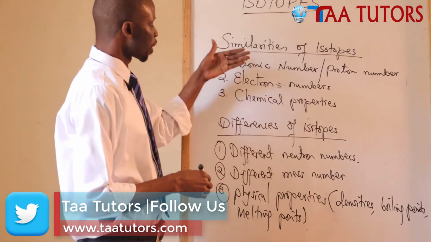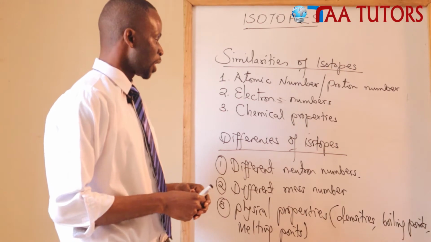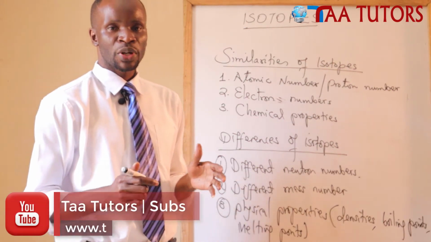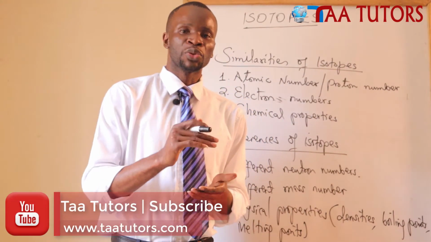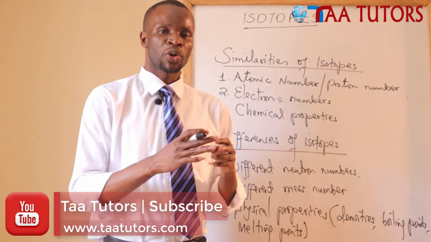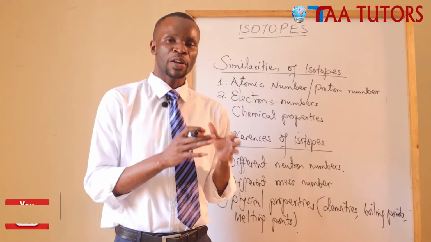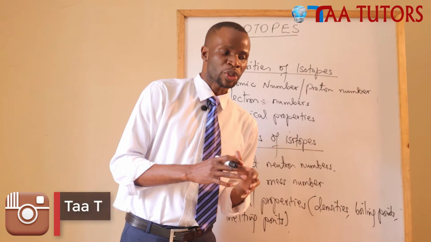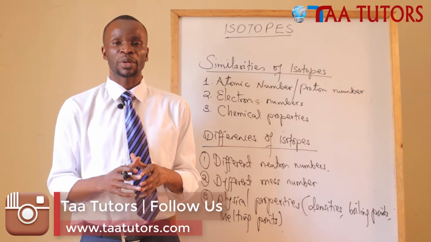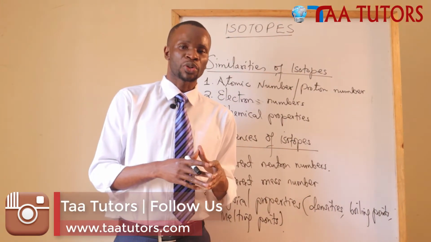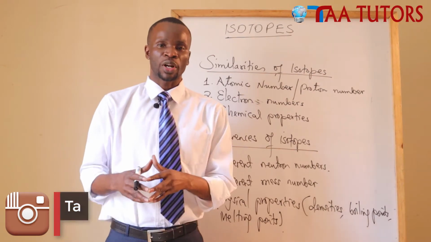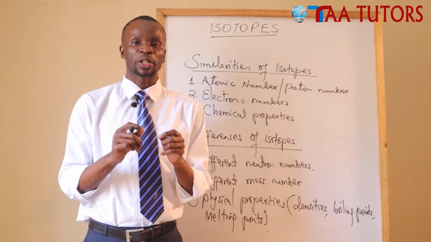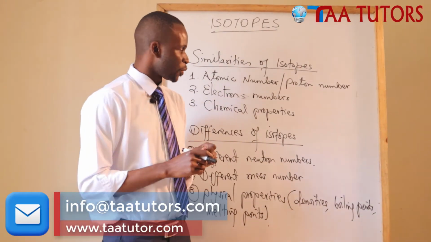So viewer, these are the things we have discussed today. At the beginning of the lesson, I tried to explain using the atoms of carbon what we mean by isotopes, and then we defined isotopes as atoms of the same element that have the same proton numbers but different neutron numbers or mass numbers, depending on which one you want to use to define.